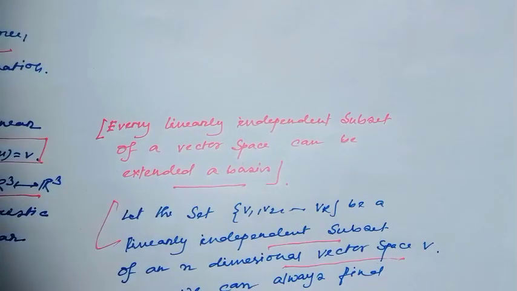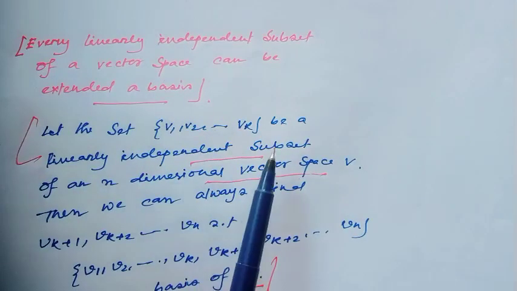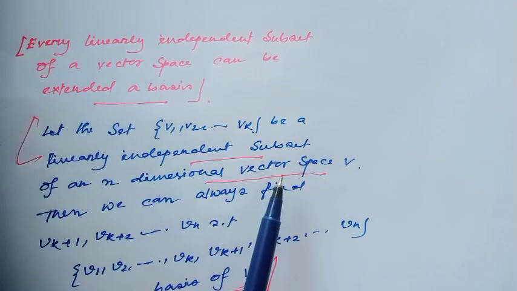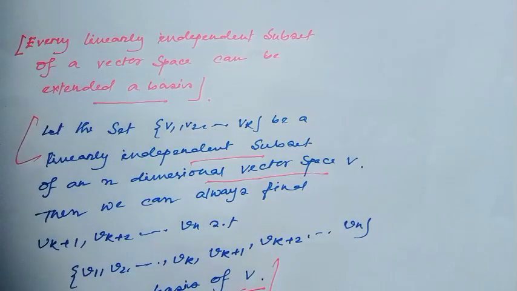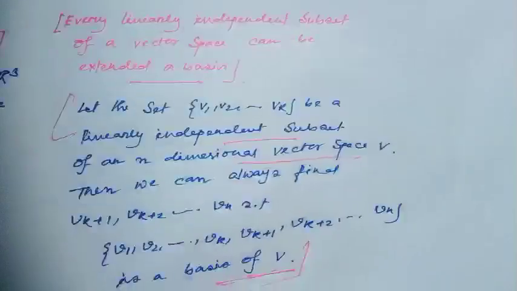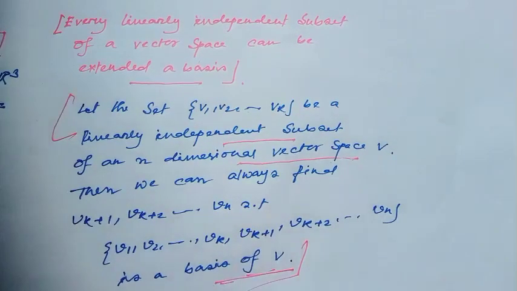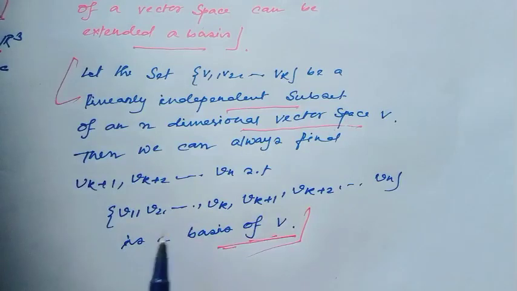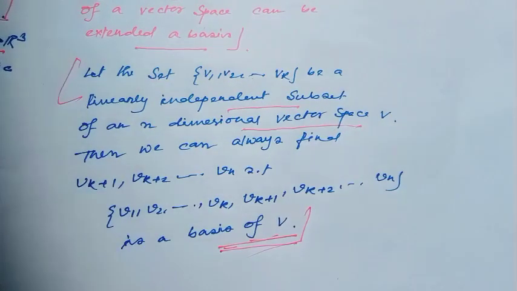The actual concept is, consider the set v1, v2, up to vk as a linearly independent subset of an n-dimensional vector space V. Then we can always find vk plus 1, vk plus 2, up to vn such that the set v1, v2, up to vk, vk plus 1, vk plus 2, up to vn is a basis of the vector space V.